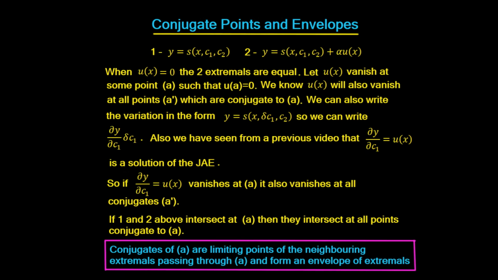So this means that the conjugates of a are going to be the limiting points of the neighbouring extremals which are passing through a, and they're going to form an envelope of extremals.